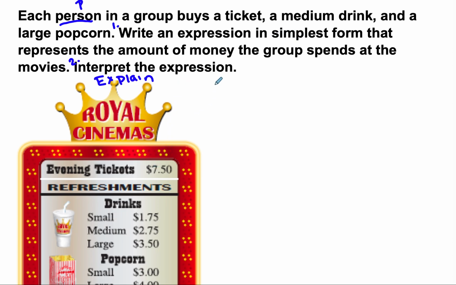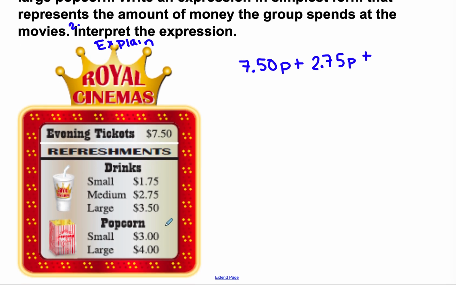Okay, so the tickets are $7.50 per person plus, and then let's see, a medium drink, if we go back down to the table, that's $2.75 per person. And then for the large popcorn, let's see, that's $4 a person.